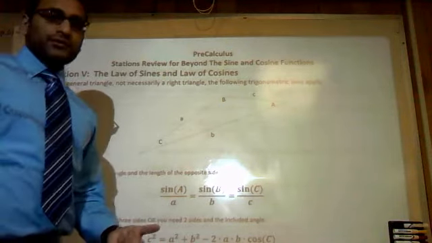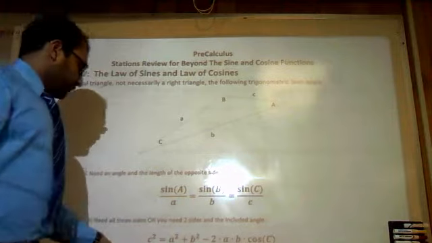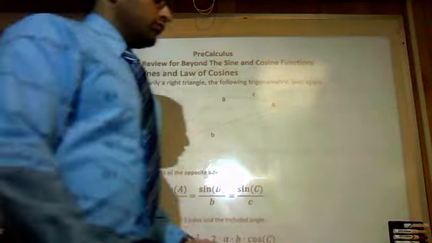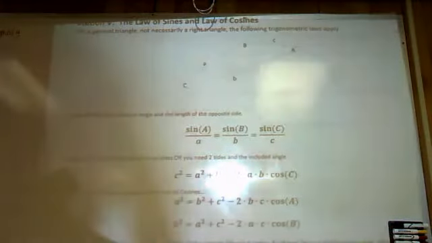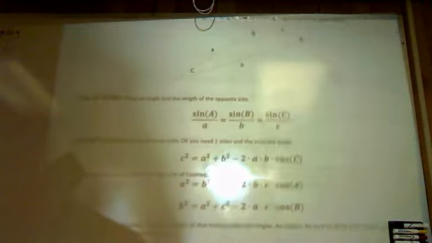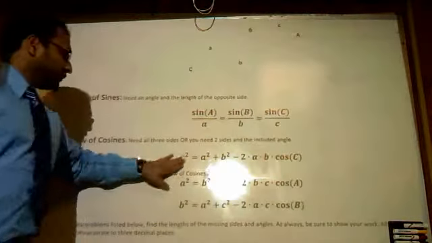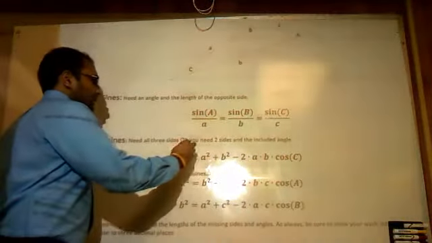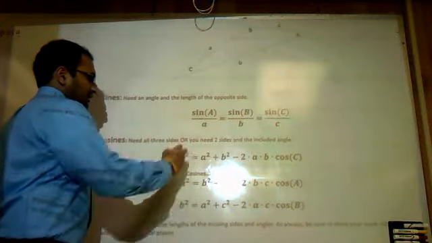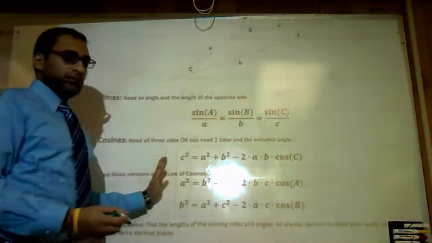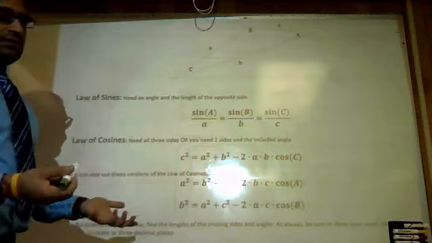So you need all 3 sides, or 2 sides and the included angle. There are 3 different ways you can see this. Those 3 formulas are on your worksheet. But the easiest way to think through it is that whatever you're solving for, if you're solving for a side, it has to be on this side of the equation, right? It could be A, B, or C, any letter.